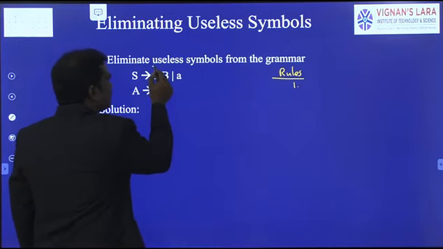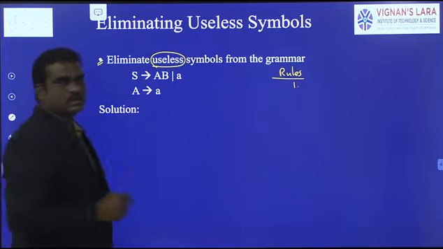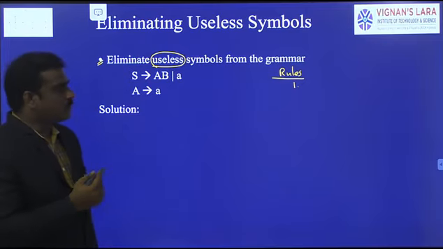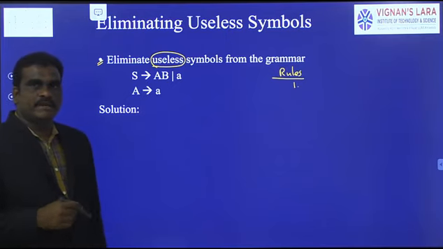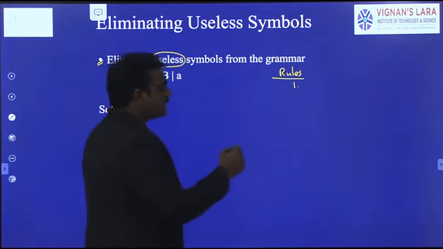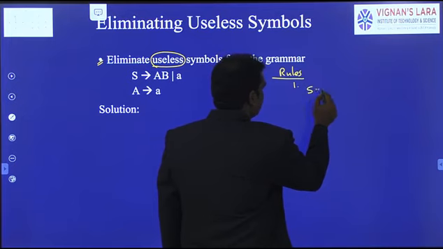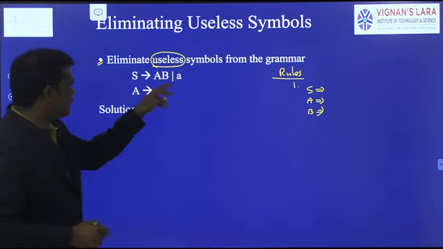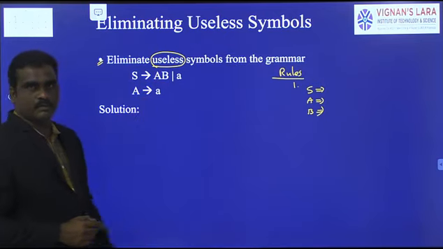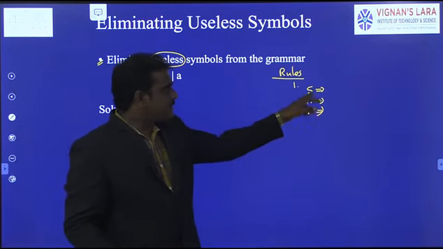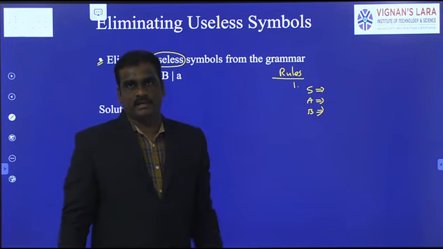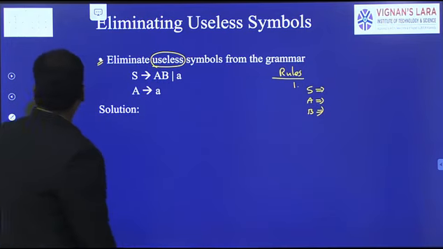So rule 1 means each and every non-terminal, S, A, B. We have a total of 3 non-terminal symbols. Each non-terminal symbol must derive a string of terminals. Do you know what is meant by a string of terminals?